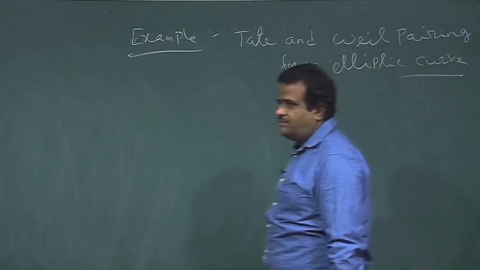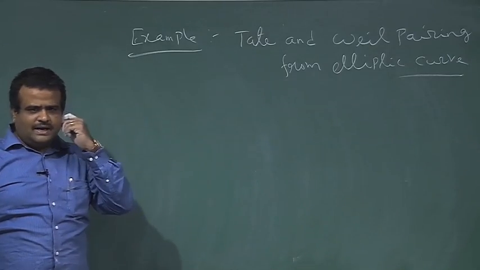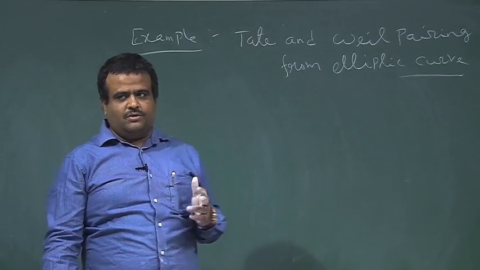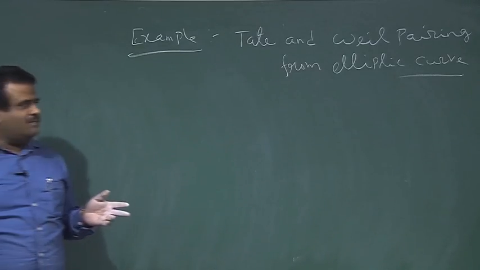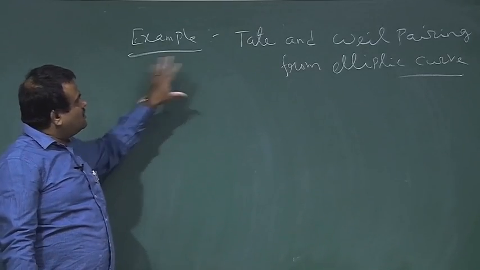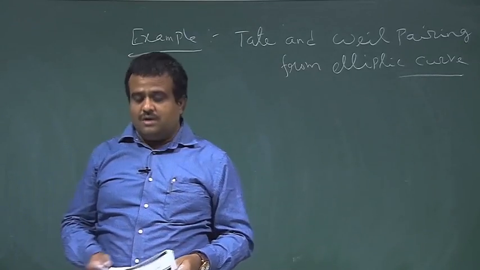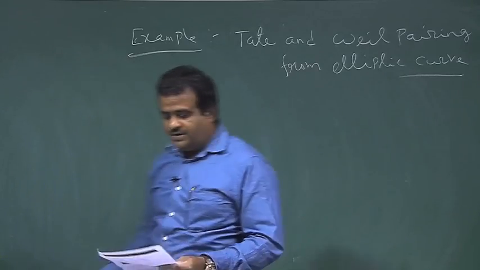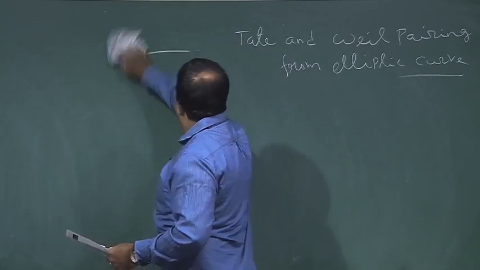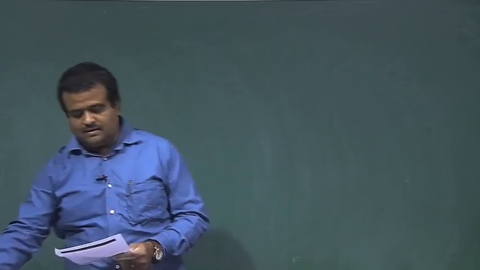These two are examples of bilinear maps, but they involve some algebra and divisibility theorems to develop. For this course we are not going into the details of this construction, but we will use this bilinear map in IBE, the Boneh-Franklin construction.